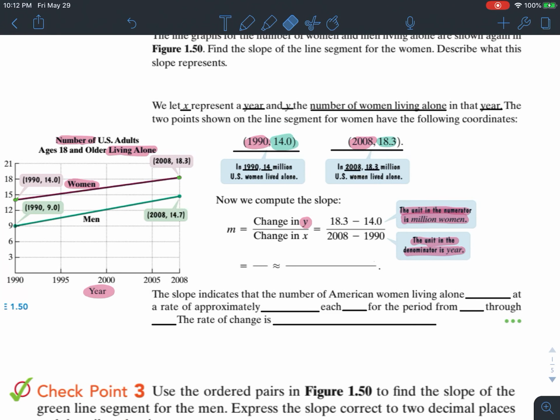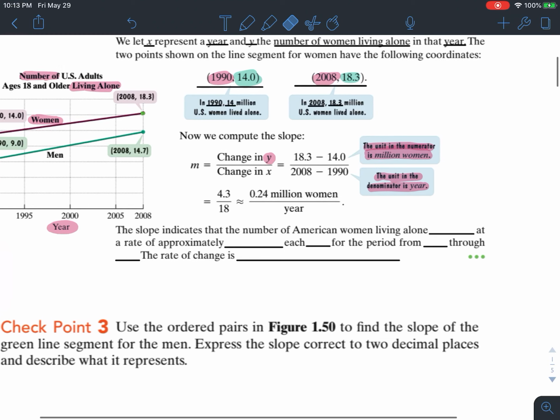So 18.3 minus 14 is 4.3. Divided by 18 is about 0.24. But what are the units? So you have to put the units in here. But don't freak out about figuring out what the units are, because they're really given to you here somewhere. So the units are the y units over the x units. So the y units is millions of women, and the x unit is year.